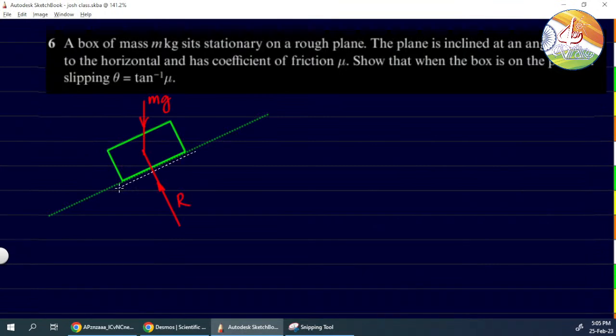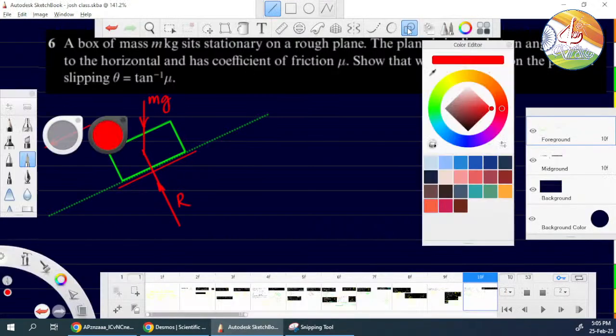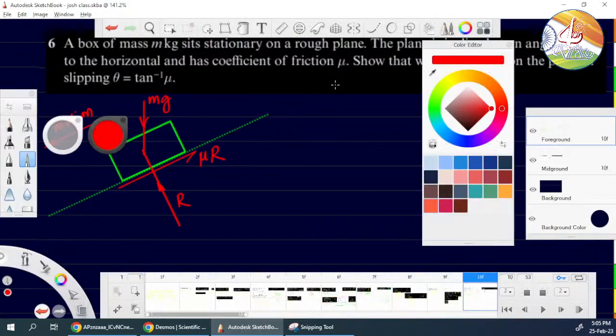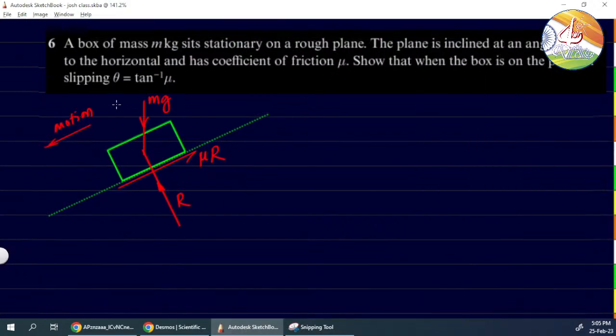So that means friction will act in which direction, downward or upward? It's trying to slide downwards, this is the tending motion. So friction will be opposite to the tending motion, upwards, and because it is about to slip, this will be equal to mu times R, correct? Are there any other forces acting? No other forces. The angle he is telling is theta. The same angle will come over here, right?